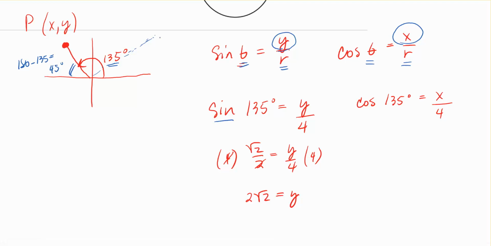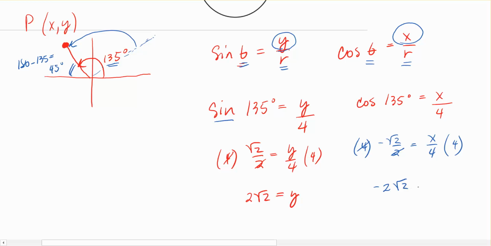But because we are really rotating all the way to the second quadrant, cosine is negative in the second quadrant. So for this problem, the cosine of 135 is negative square root of 2 over 2. That's equal to x divided by 4, and we have the same problem we did just a second ago. Multiply both sides by 4. The 4 and the 2 reduce, leaving me with negative 2 square roots of 2 equal to x.